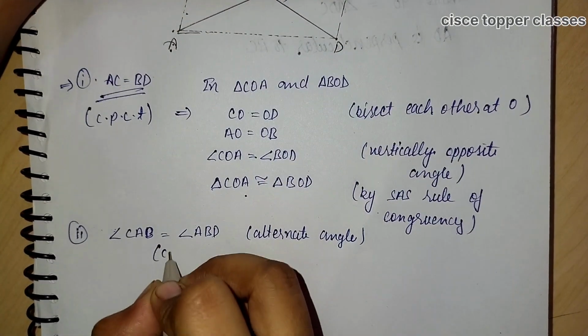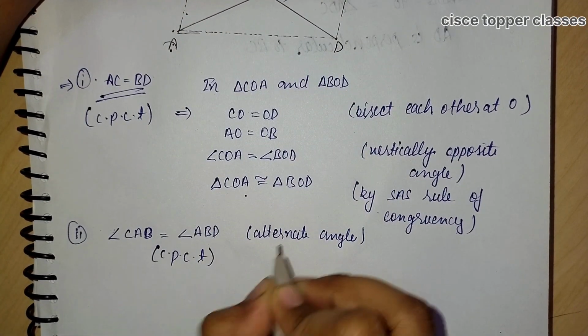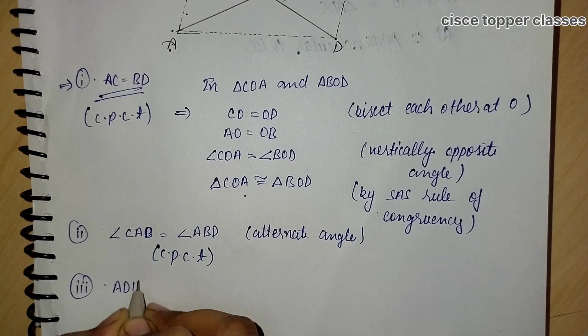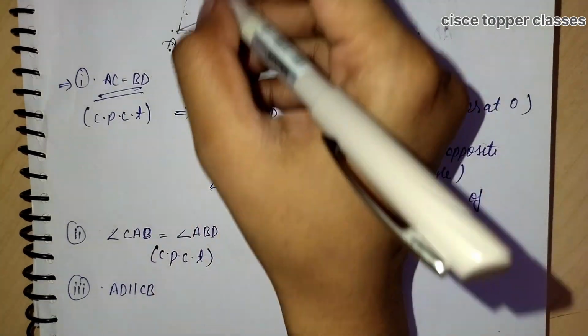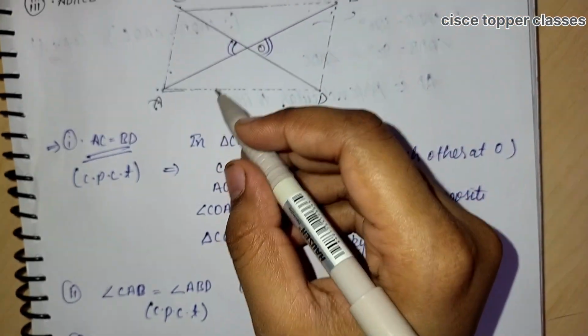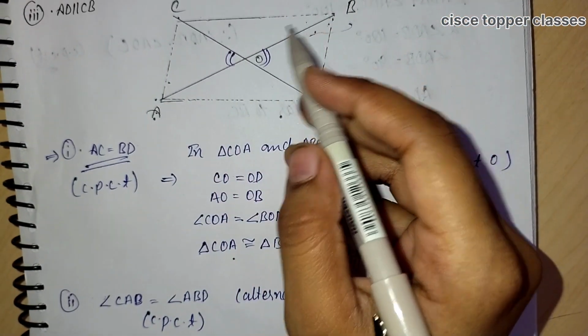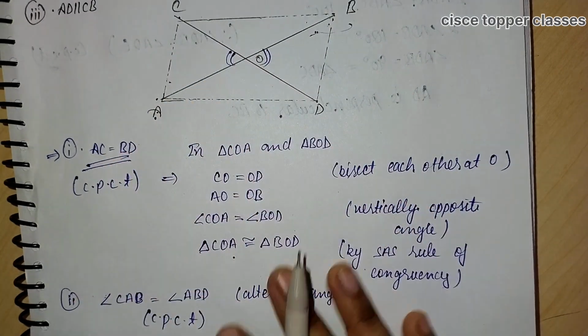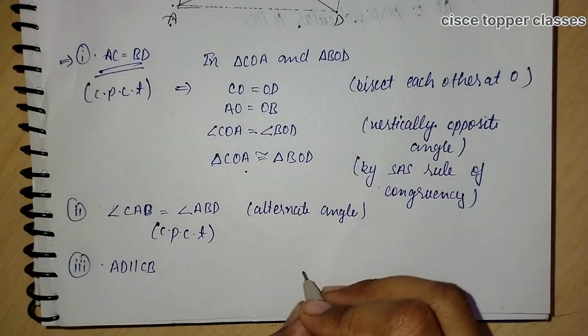From this congruency we can prove them equal by CPCT. And this alternate angle we will use in the third part to prove that AD is parallel to CB. If these two angles are equal by CPCT and they are alternate angles also, we can simply prove that AD is parallel to CB. Hence the third part is proved here.